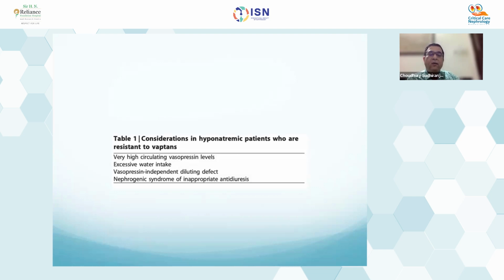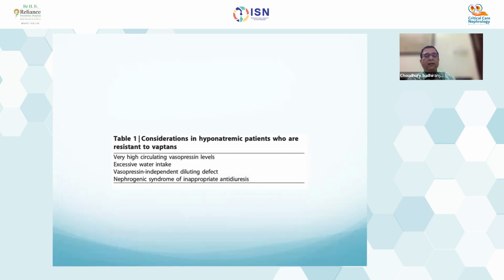So there vaptan resistance can happen. If in spite of telling the patients to restrict water, they take excessive water intake, then also there will be resistance to vaptans. And then there is vasopressin independent diluting defect.